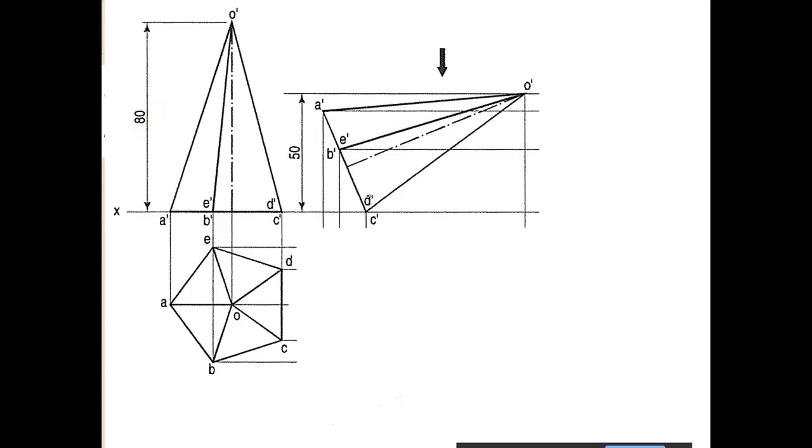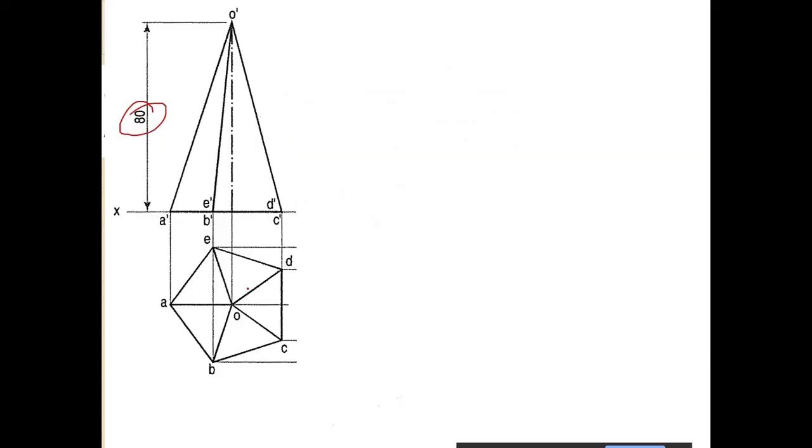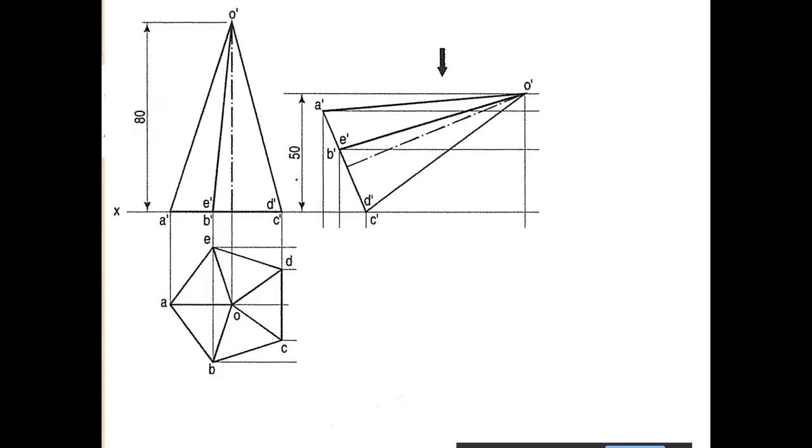Then we have the apex here of the pentagon. Sorry, this is the apex, and it is at 50 mm above the ground. So what we have to do is mark this 50 mm point above the ground.